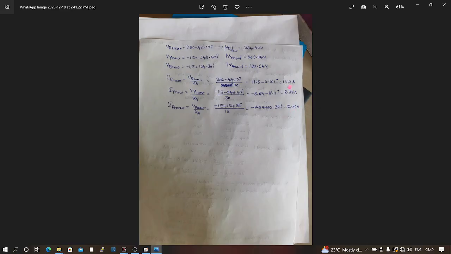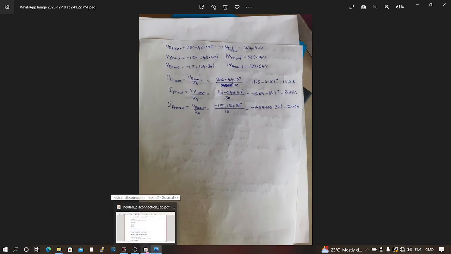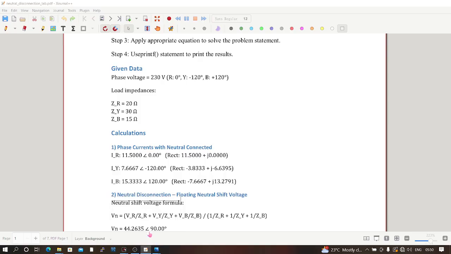There is an imbalance in this connection, which you can observe when the neutral is disconnected. That's why we always keep the neutral connection.